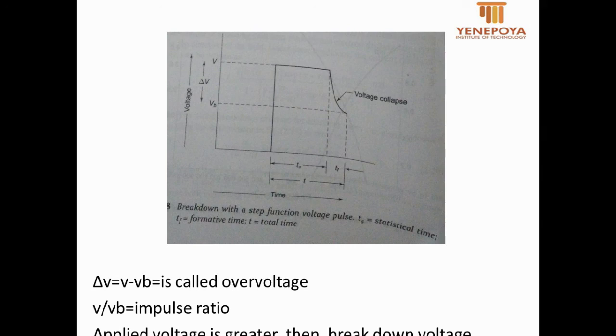Here the voltage rises to V up to Ts. Here, what happens? Voltage collapse. Delta V is V minus Vb; it's called overvoltage. V by Vb is the impulse ratio. Applied voltage is greater than breakdown voltage.